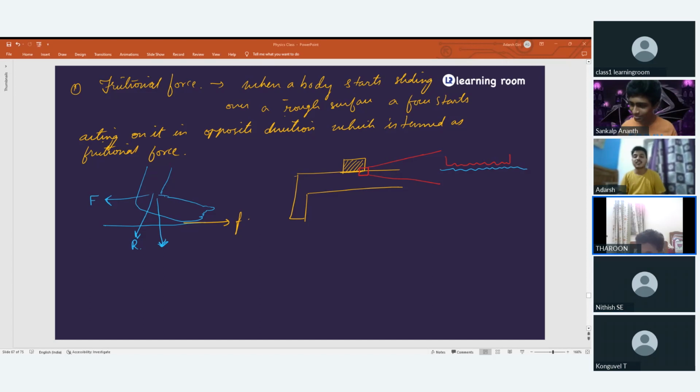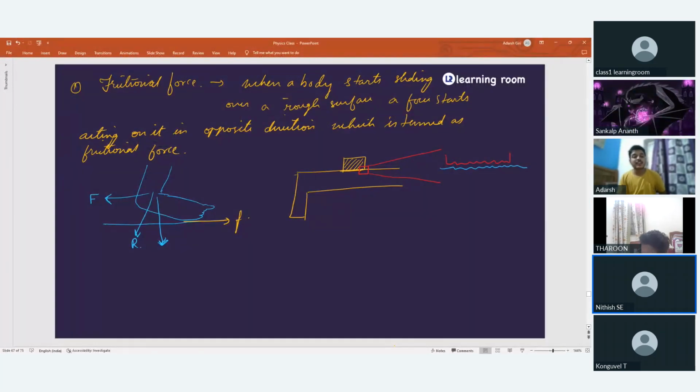What will happen? Newton has said that to every action there is an equal and opposite reaction. So a reaction force will generate on yourself in the opposite direction, and then you start moving. Understood?